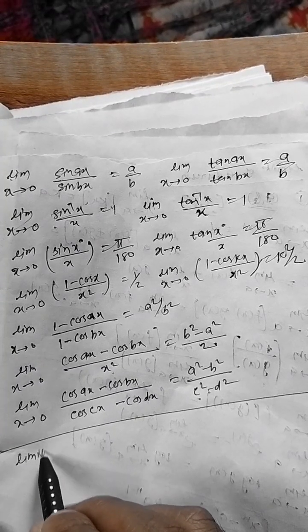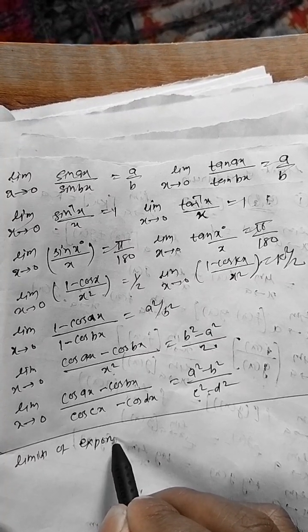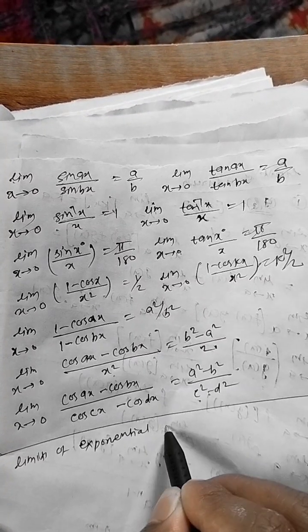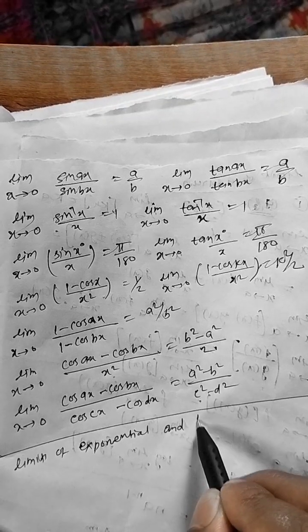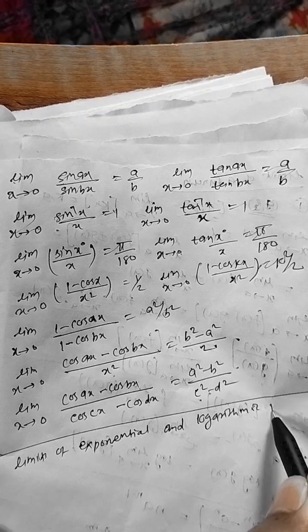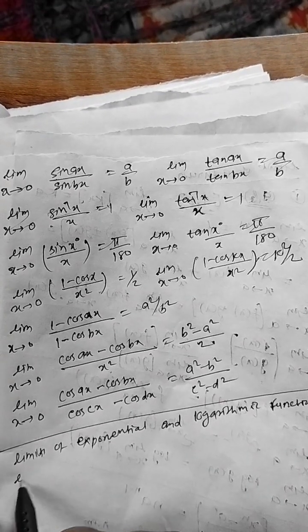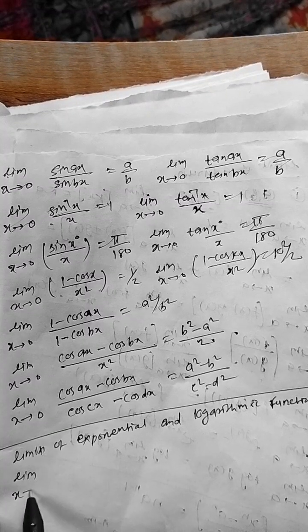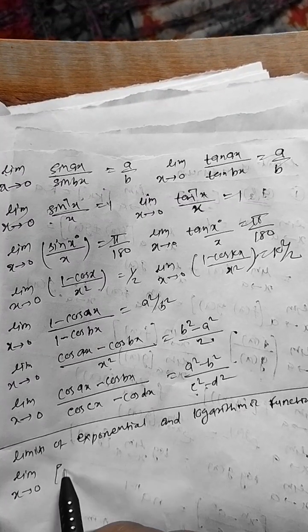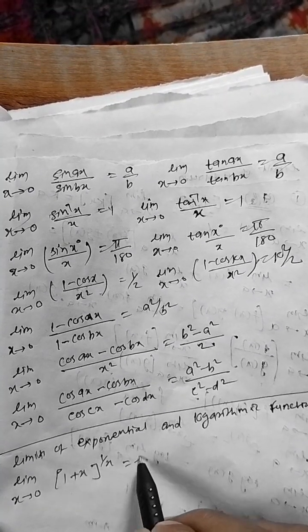Now limits of exponential and logarithmic function. Limit of x tends to 0 (1 plus x) raised to 1 by x is equal to e.